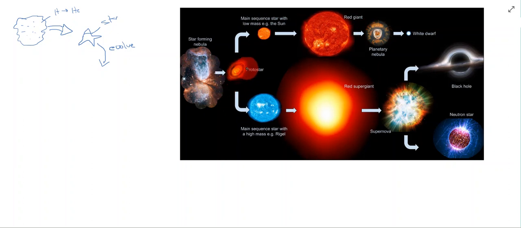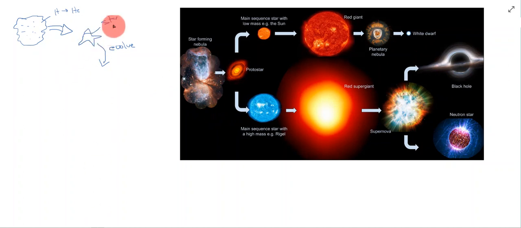You get your protostar, then a main sequence star that can turn into a red giant, and then you can get a planetary nebula and a white dwarf. If we have bigger clouds, we get bigger red supergiants, and they explode, and they can create black holes and neutron stars. So basically, a star is not just a static system, it's a constantly evolving system.